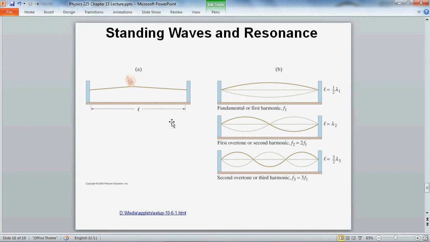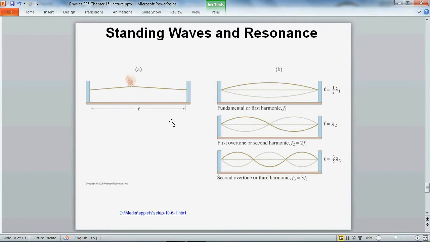And those frequencies, the harmonics just meaning a multiple of some base frequency, we would call those resonance frequencies because their wavelengths fit evenly in integer values inside of that length.